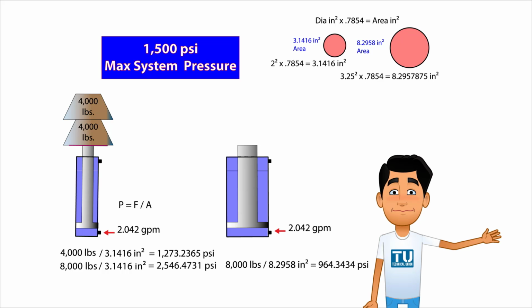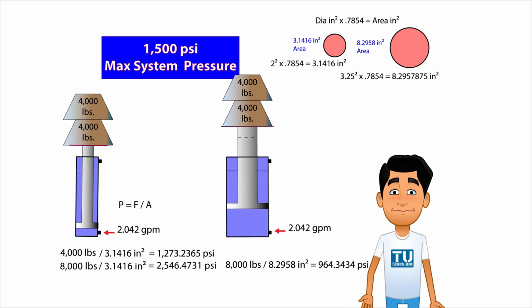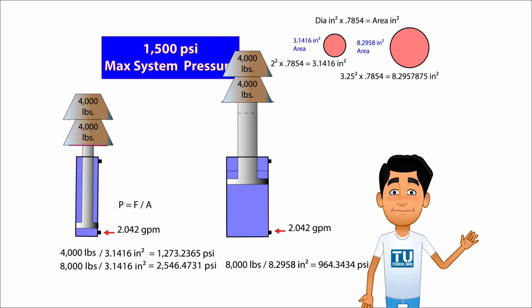So if you input 2.042 GPM at 964.3434 psi into your new cylinder, then the cylinder will lift a load of 8,000 pounds.